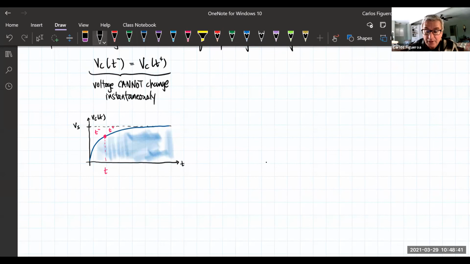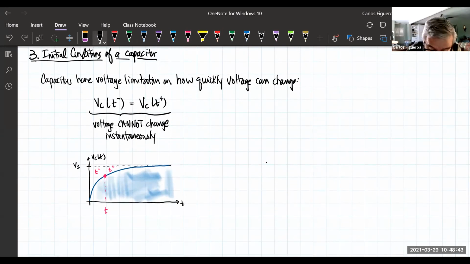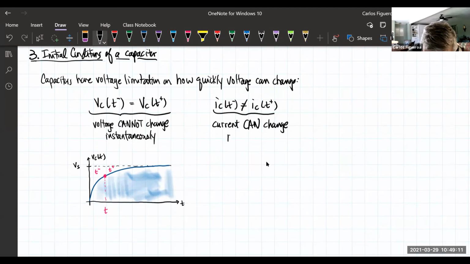However, the currents of the capacitor in general change. So what I'm saying here is that current can change instantaneously.